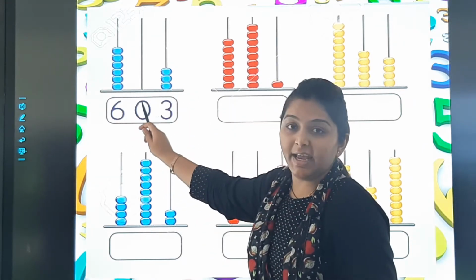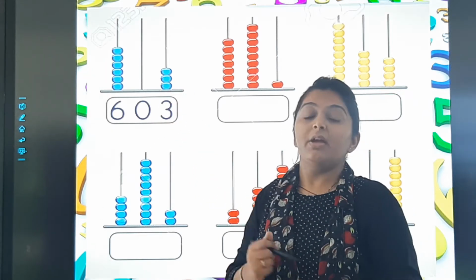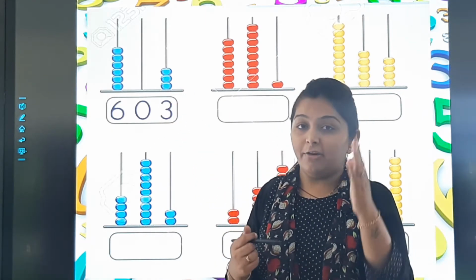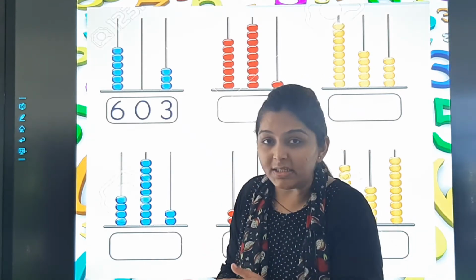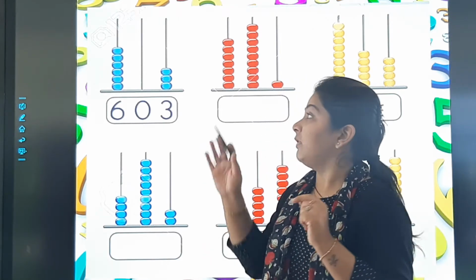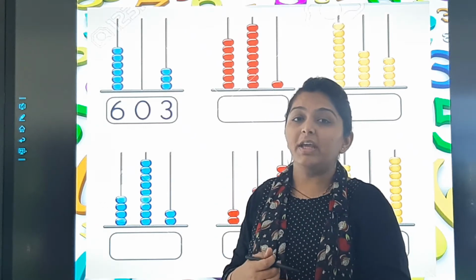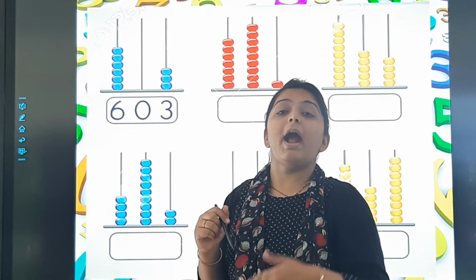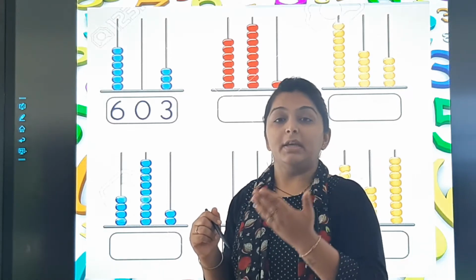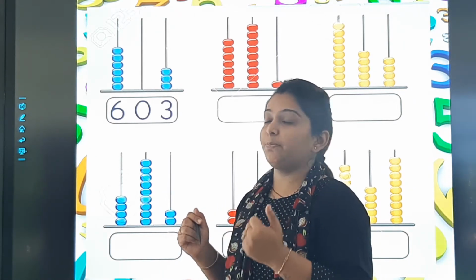H, T, O. Remember dear children, hundreds place, then tens place, then ones place, and with the help of abacus we have to just write how many beads are there at hundreds place, then tens place and ones place.